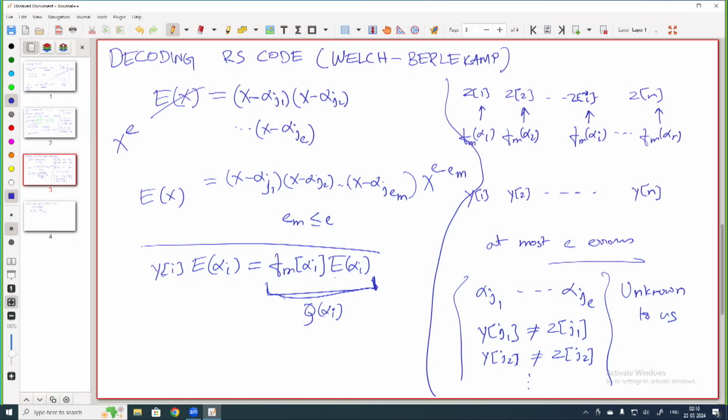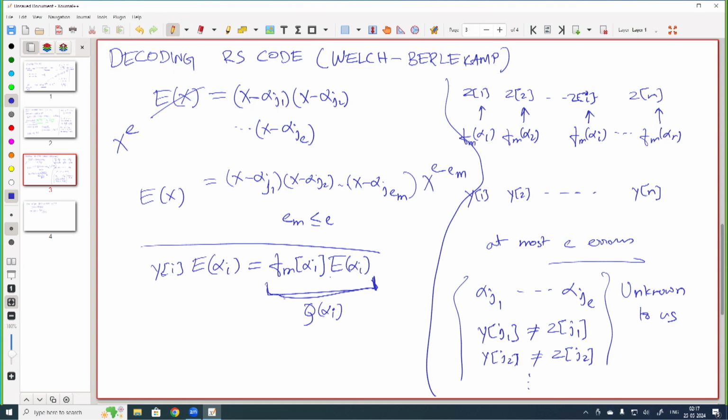And if your code word has an error at alpha I, then at that point this E of x will become 0 by its definition, because that alpha I will be a root of this E of x. So, therefore, y of I and f m of alpha I, which would be z of I, they are different, but this E is 0. So, therefore, once again this equation is satisfied.